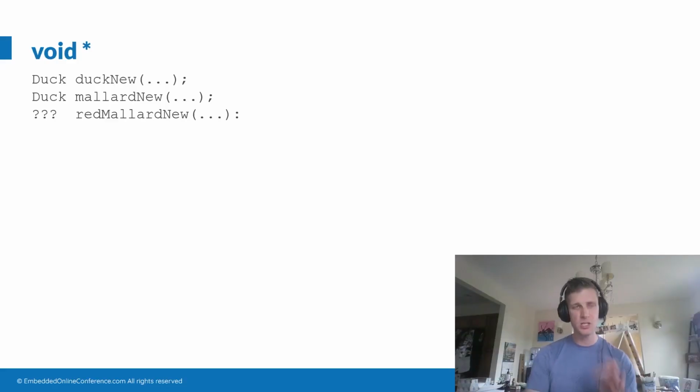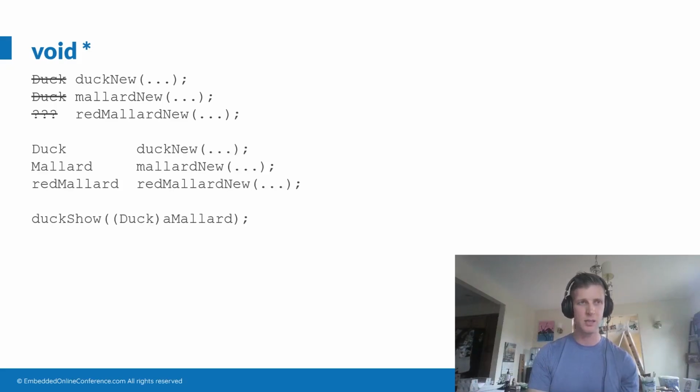So that's the crux, but I run into a bit of an issue with the fact that C is statically typed. Previously we sort of circumvented this by virtue of the fact that we were only deriving our classes one level deep, and so I could just make every object of type duck. If I try to derive that further, then it gets a little weird. I don't necessarily want to make all of my objects the same base object.